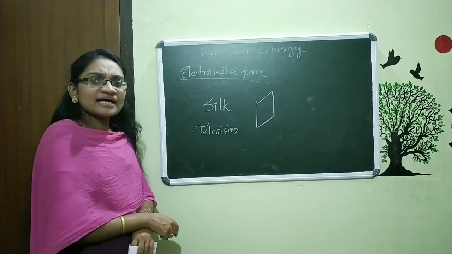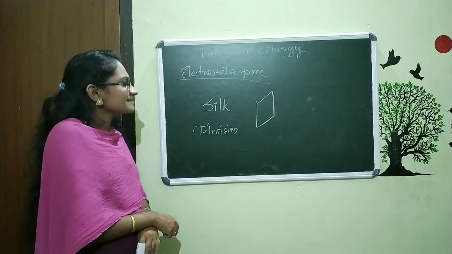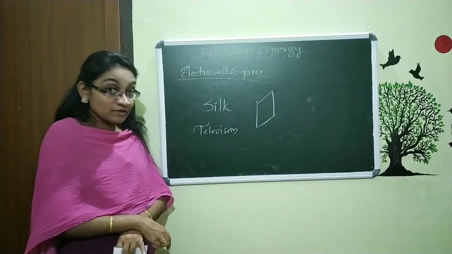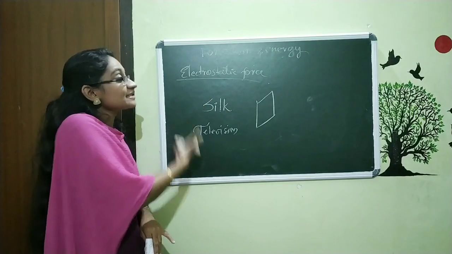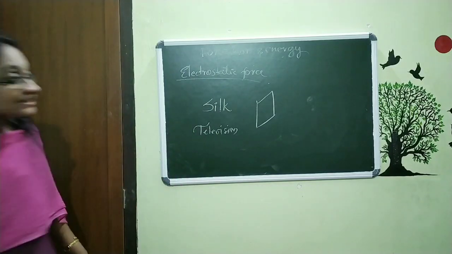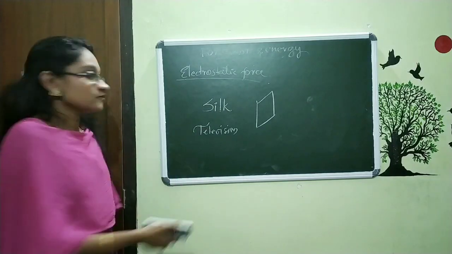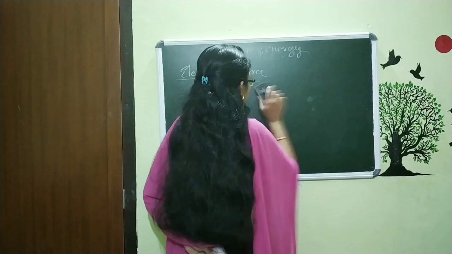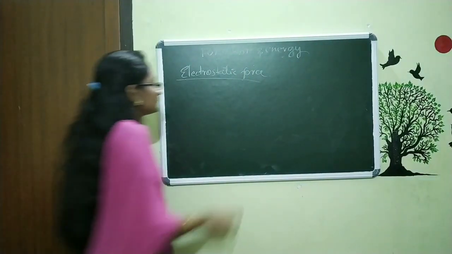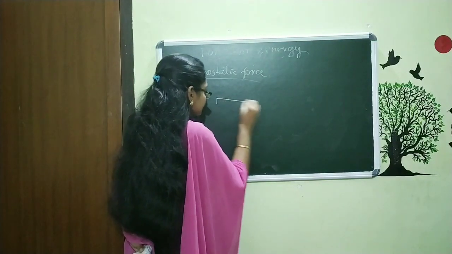What is that? The reason is electrostatic force. Now we want to explain this electrostatic force. Another example you can do from your home itself, a very simple activity: just take one plastic scale.